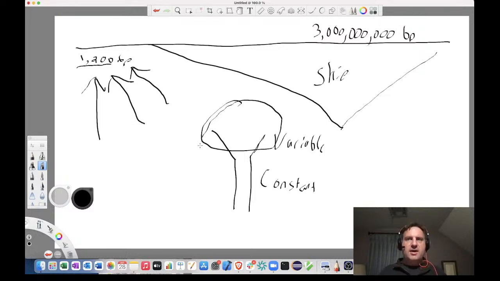So there's actually a non-coding DNA sequence that targets where these mutations occur. And there's a chemical called AID, which is used to trigger the mutations, but the mutations happen almost exclusively in this region.